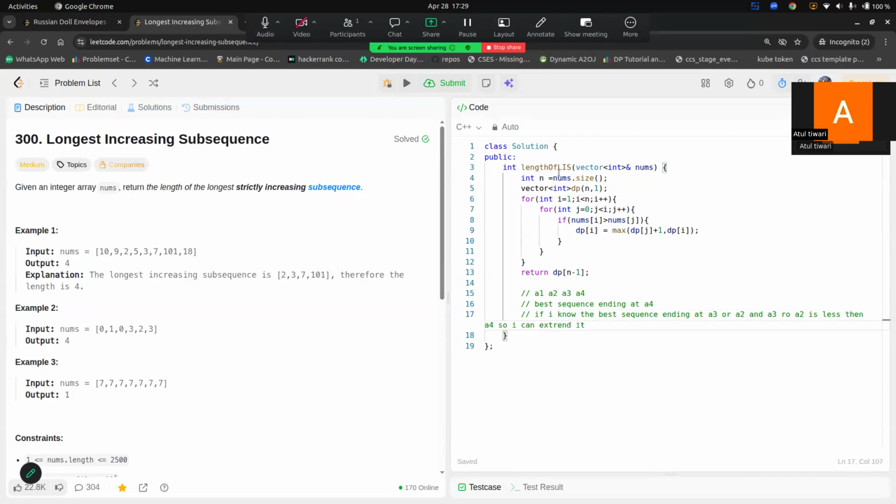And this is the major idea that we have.